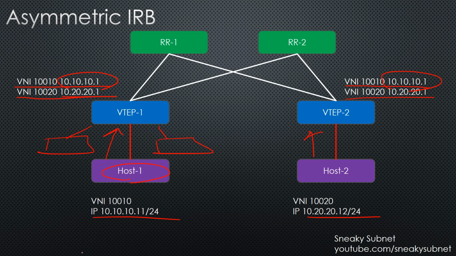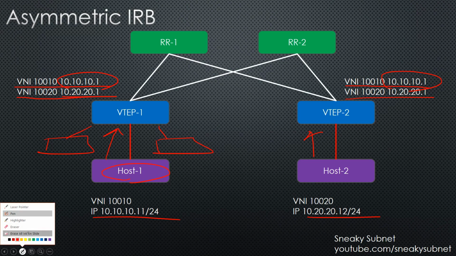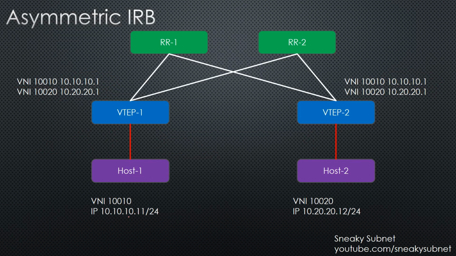Now let's go back to Asymmetric IRB. In this particular setup, VTEP number 1 has host number 1 inside VNI 110. It doesn't have hosts in VNI 120, but it still has to have that VNI and that default gateway.